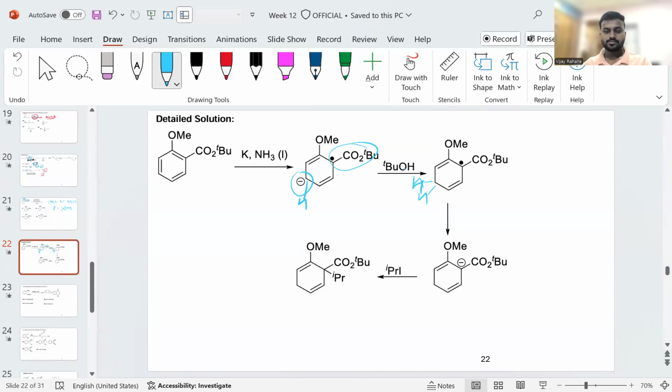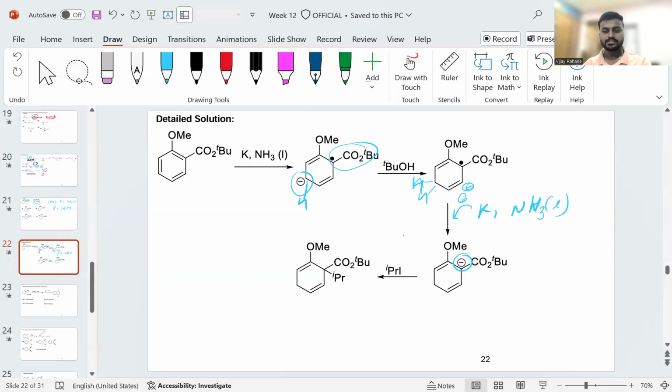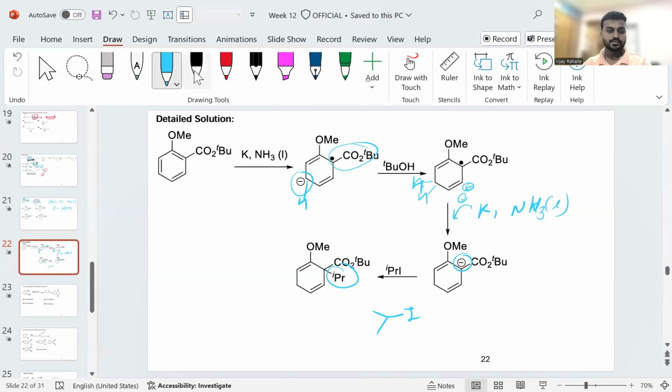This radical now again abstracts one proton from the solution, and one electron is in the system. So it forms a negative charge at the position. Once this forms the negative charge, if you add isopropyl iodide to the reaction, it gives the formation of the isopropyl substituent.